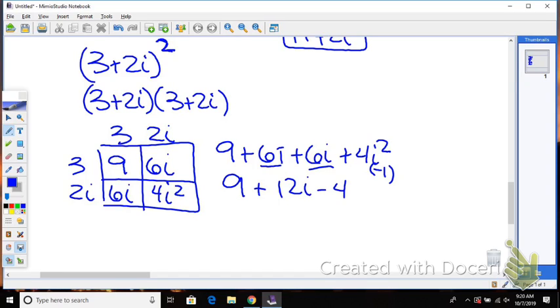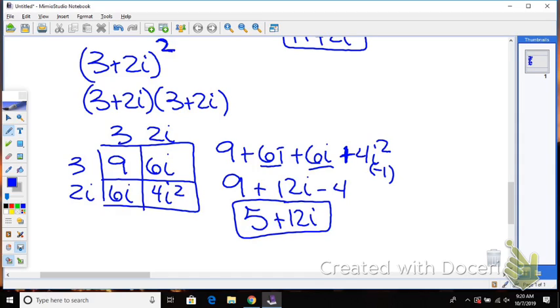Minus 4. So my final answer should be 5 plus 12i. Easy enough? Anytime there's an i squared, it's always negative 1. But if the 4 would have been negative, it would have become positive. So it just always changes the sign in front of whatever number has the i squared.